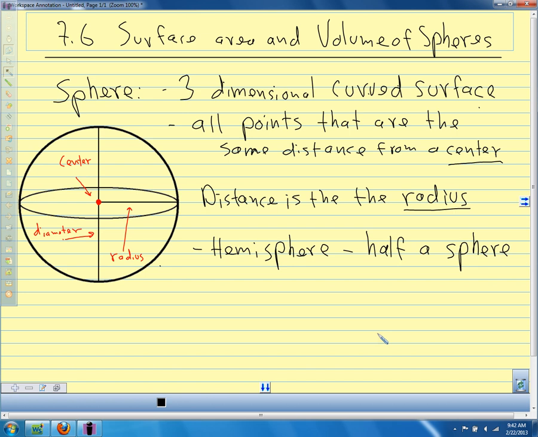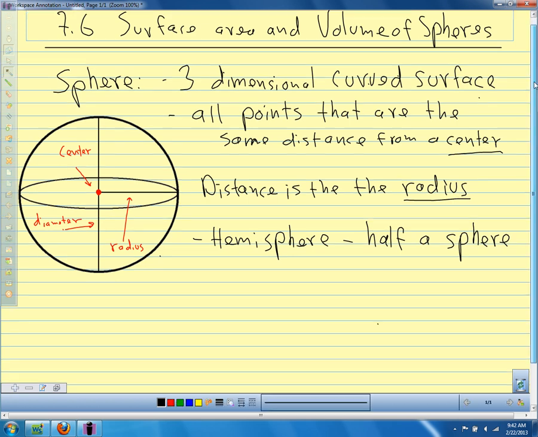The way we come up with the formulas for surface area and volume of spheres is a little more complicated than for the other shapes we've worked with, because the sphere is curved everywhere. So we're not going to draw a net or talk about how we come up with a formula.